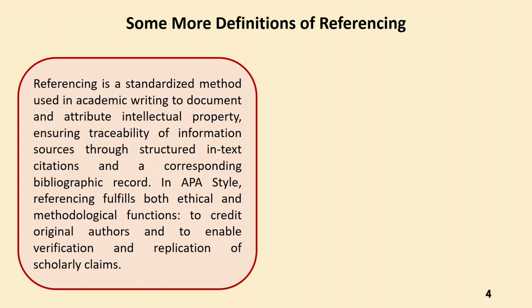It is helpful in tracing the original source, ensuring traceability of information source through structured in-text citation and a corresponding bibliographic record. In APA style, referencing fulfills both ethical and methodological functions: to credit the original author and to enable verification and replication of scholarly claims. Very, very important.